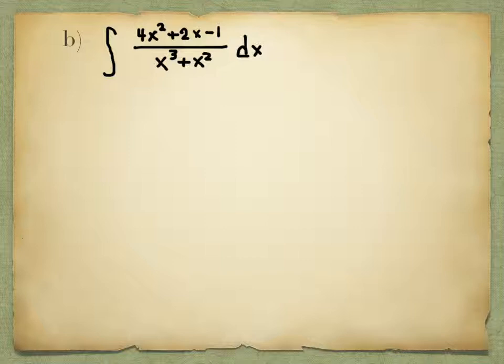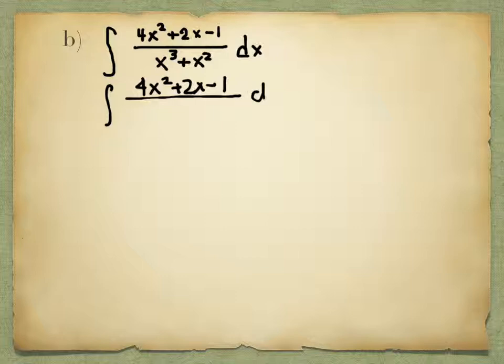So what does step 2 say I should do with this problem? I should factor. So the numerator stays the same, nothing happens there. But my denominator factors. What does my denominator factor into? Thank you. X squared times x plus 1. And there's a trick.